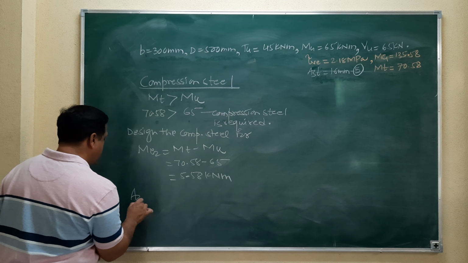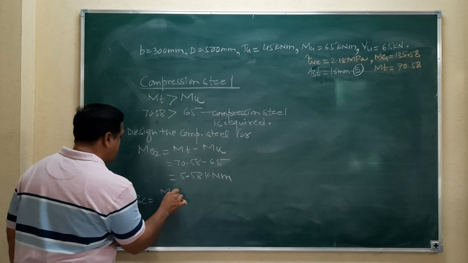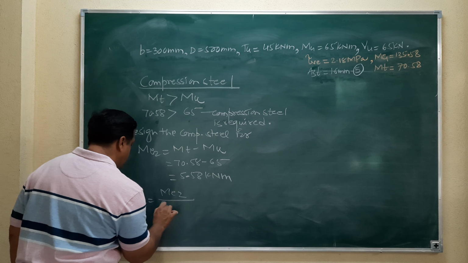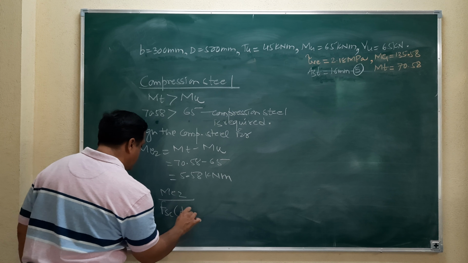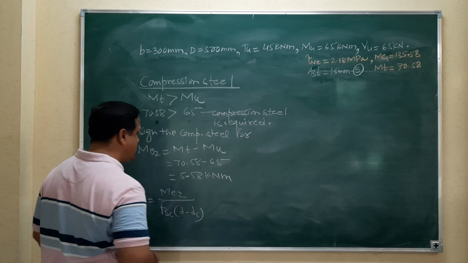So how is it calculated? ASC is equal to Me2 divided by FSC into D minus D dash. So moment divided by stress in compression steel multiplied by approximate lever arm. From this you have to find out the compression steel. Now let's assume D dash is equal to 35 mm.